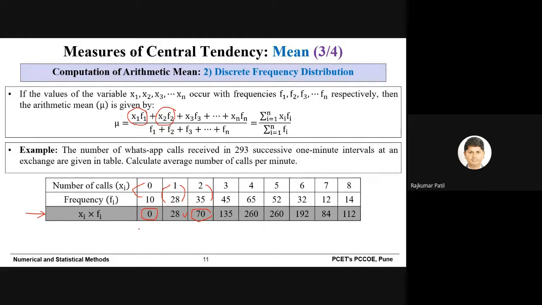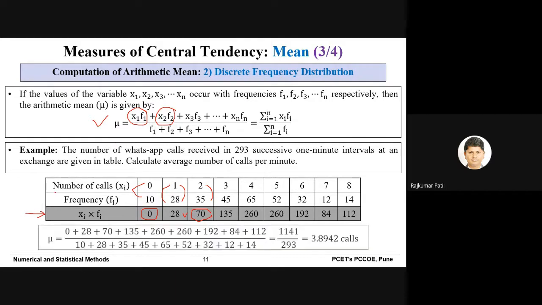f value. And once you prepare the last row, just implement the equation that we derived for discrete frequency distribution. So you can see 0 plus 28 plus 70 plus 135 plus 260 plus 260 and so on.